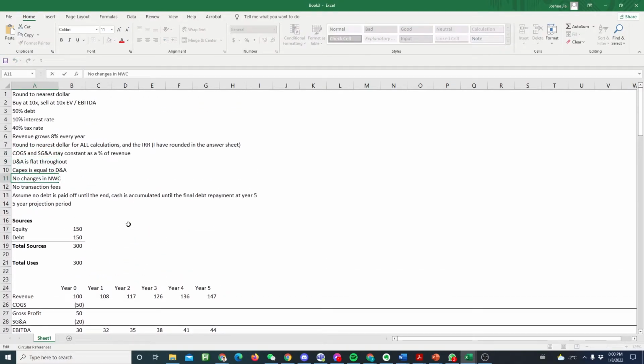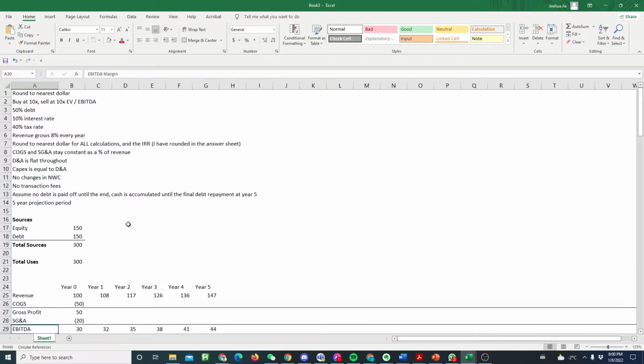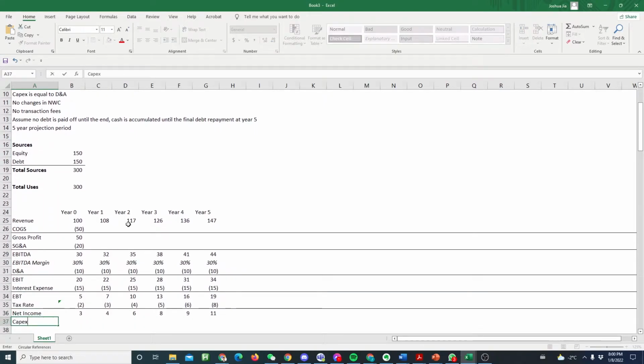We know there's no changes in net working capital, so we don't have to worry about that. But there is CapEx. It's equal to DNA. So if I take the CapEx and I say, okay, CapEx is equal to DNA, now you're probably wondering, hold on. What about DNA? Don't we have to add that back as well? Yes, we do.